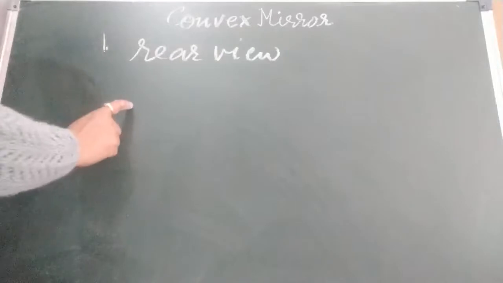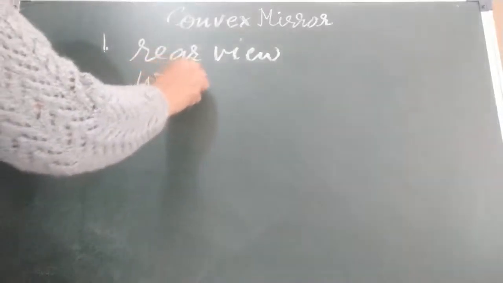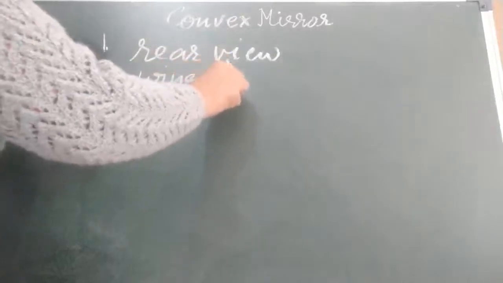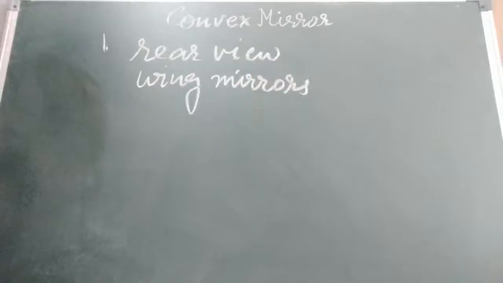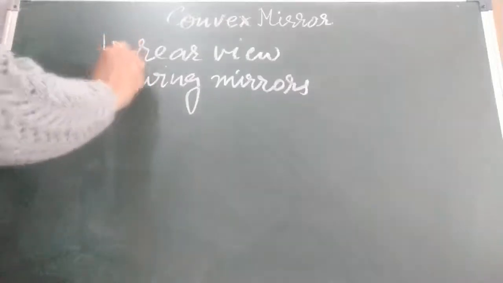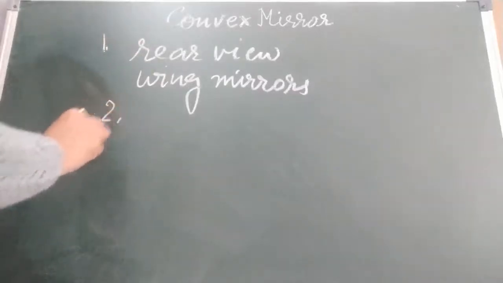Convex mirrors are used as rear view mirrors and wing mirrors, for viewing the entire vehicle as well as the surroundings behind the vehicle. They are also used in supermarkets and parking lots.